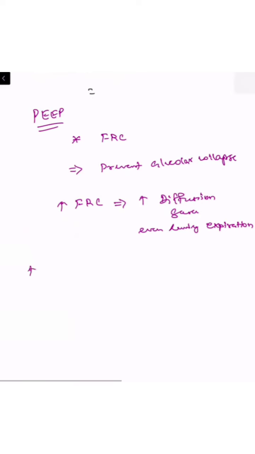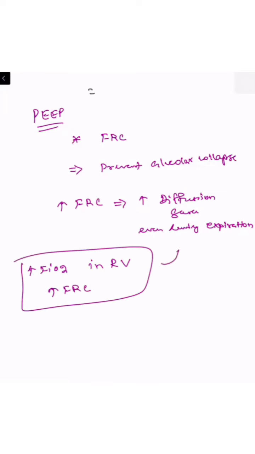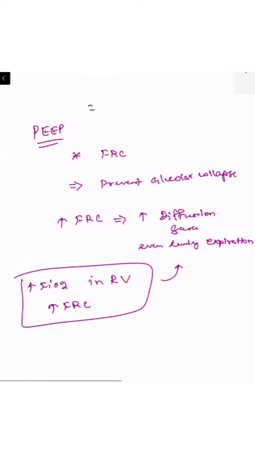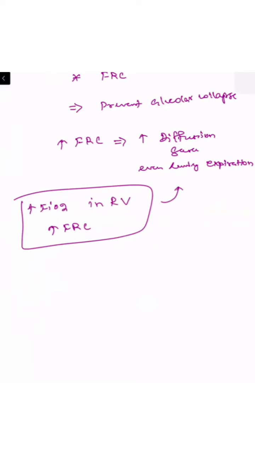So we are increasing the concentration of oxygen in the residual volume, or we are increasing the functional residual capacity in order to increase the diffusion, especially during expiration and the gap between inspiration and expiration, which is the main mechanism behind the increased oxygenation of the blood, especially with the help of mechanical ventilators and non-invasive positive pressure ventilations.